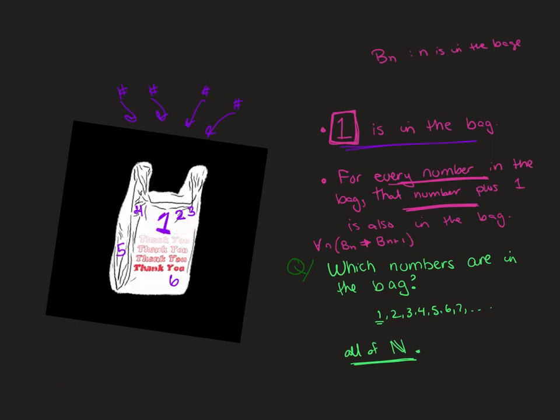So the second statement here is really saying if the statement is true for something, so if a number is in the bag, then the next number is also in the bag. And that's what we want to have as part of this proof technique.